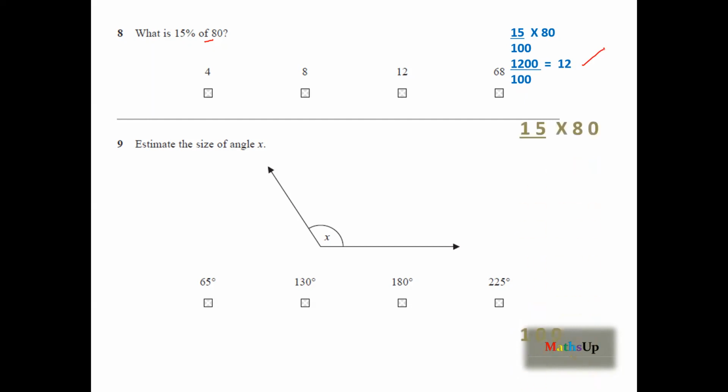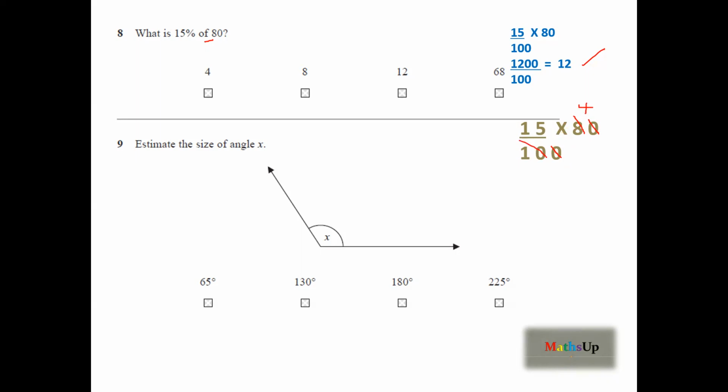Another way of getting the answer is this. You can divide 80 and 100 up and down both by 10. Then you will remain with 8 and 10. Then you can divide 8 and 10 both by 2. Once you divide 8 by 2, it's 4.